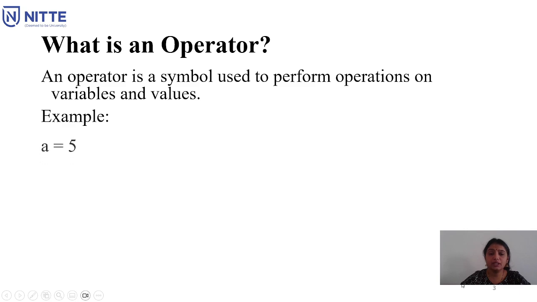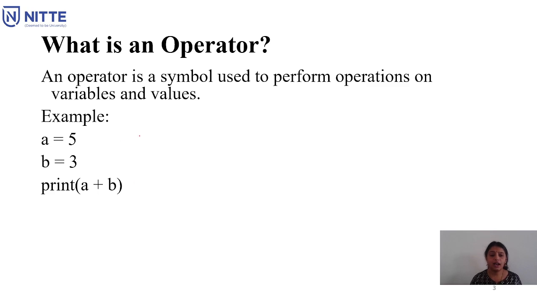For example, A is equal to 5, B is equal to 3, print A plus B. Here, as you can see, A is a variable. The value for this variable is 5. That means in the memory location, there will be a variable declared which is A, and the value inside this variable will be 5.